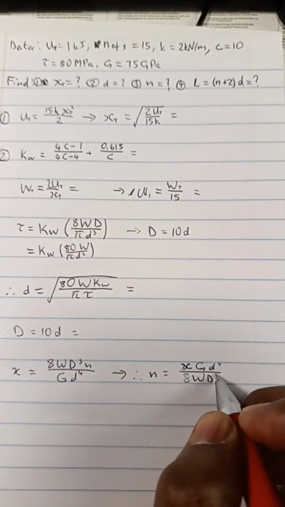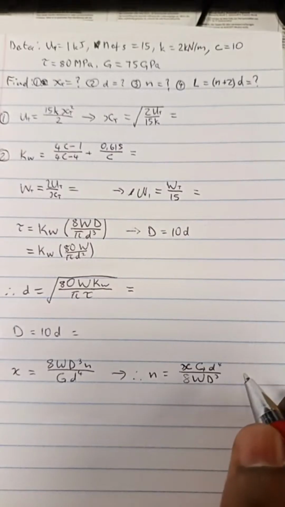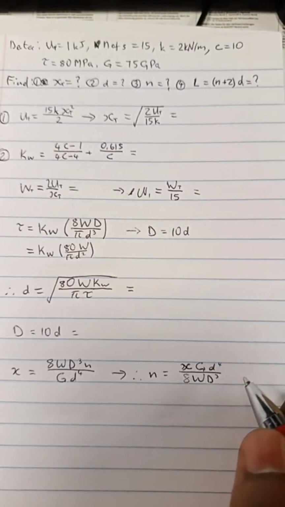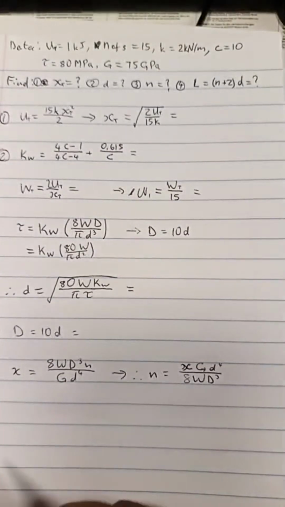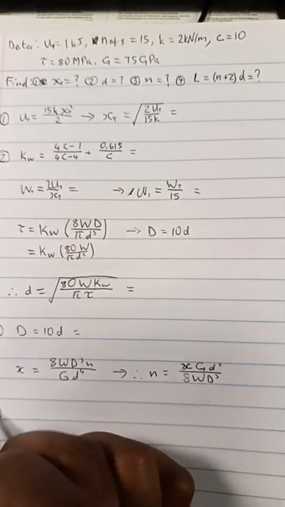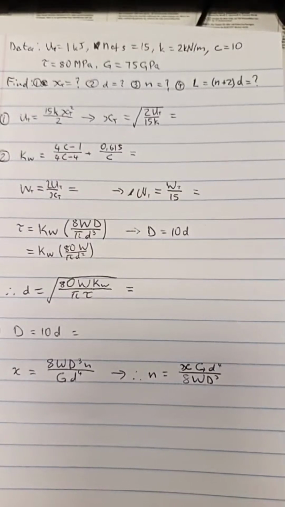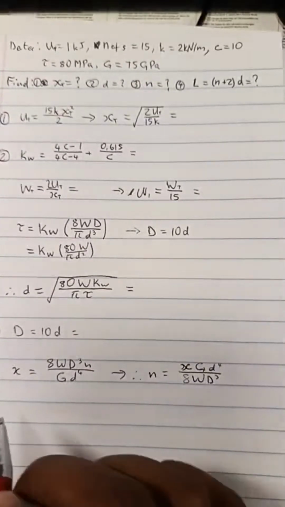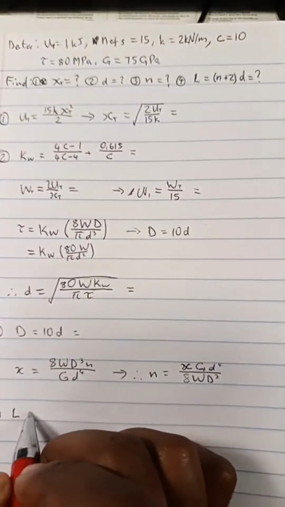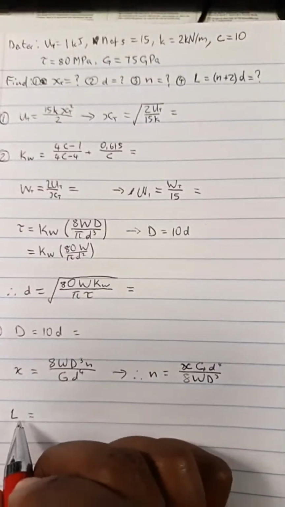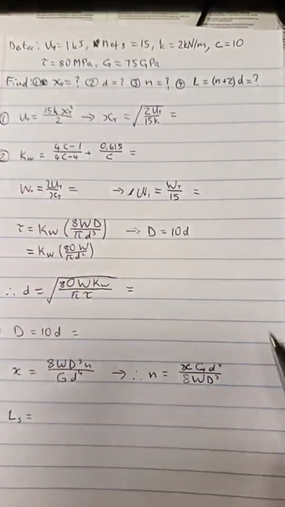over 8W D to the power 3. Then that's it. Then you just substitute and get the answer. Then the last one for spring, so that you can move to Morse circle. It was that length, the one that I said is definitely a new formula. They are talking about the solid length.